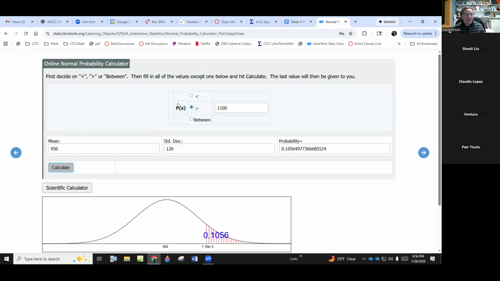We have greater than, what number means I leave that blank, and the probability is 0.99. Any questions on that? And I hit calculate. And there it is.